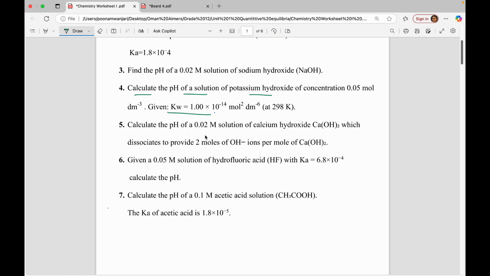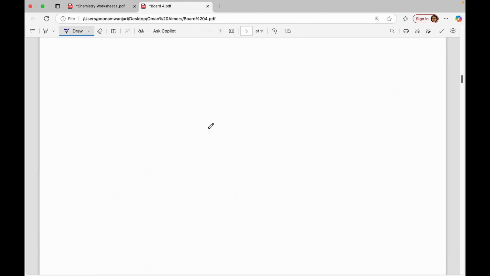Calculate the pH of a 0.02 molar solution of calcium hydroxide, which dissociates to provide 2 moles of hydroxyl ions per molecule of calcium hydroxide. This is a different kind of problem, students. So how will we solve it?